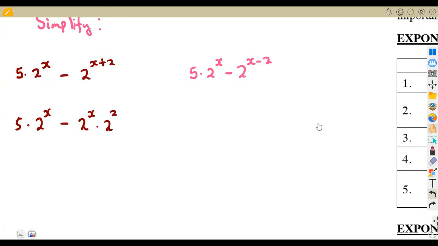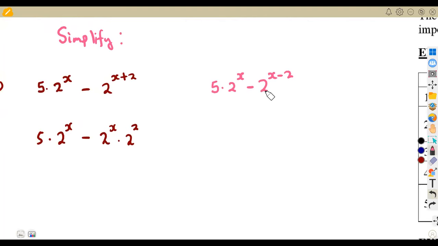But here, in this manner of writing this as 2 to the exponent of x over 2 to the exponent of 2 like this, I want you to see it is the same. This is exactly how you're supposed to write it, so that you say, I'm dividing the bases that are the same, so I'm going to subtract the exponents. But even if you write it in this manner, it is going to mean the same thing.